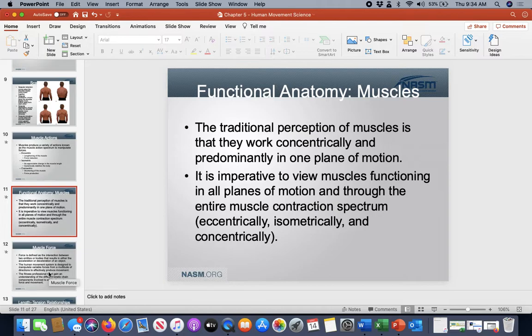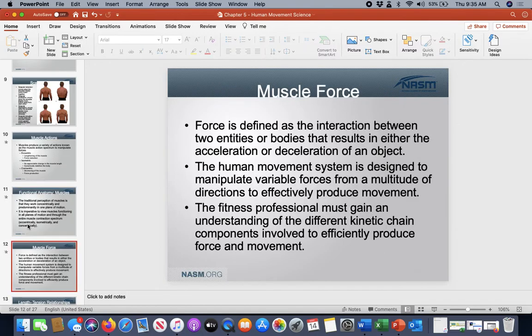I mean, just walking alone, walking, running, all of that is in the sagittal plane. It's forward and backward hip motion and shoulder motion. All right. So understand that we don't want to work predominantly in one plane of motion, but our body naturally does go in that motion, but we can adjust that and do different things with, like I said, our exercises that can help us modify and create different stimuli and hit different muscle groups.